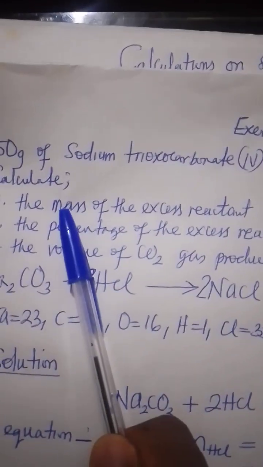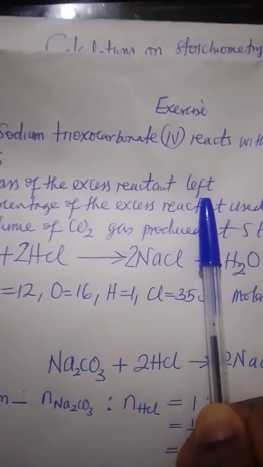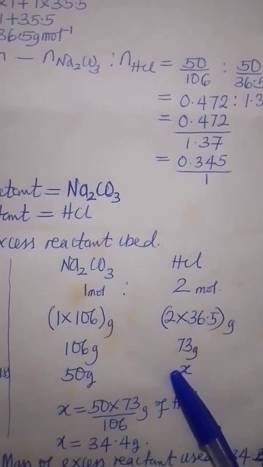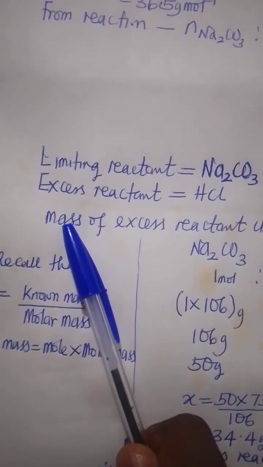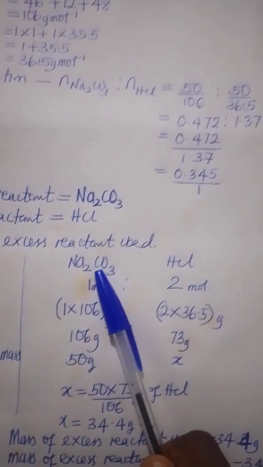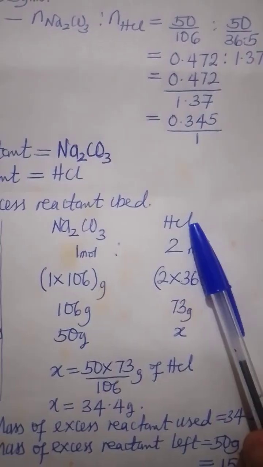For us to calculate the mass of the excess reactant left, we must calculate the mass of the excess reactant used. So we write the limiting reactant Na2CO3 and the excess reactant HCl.